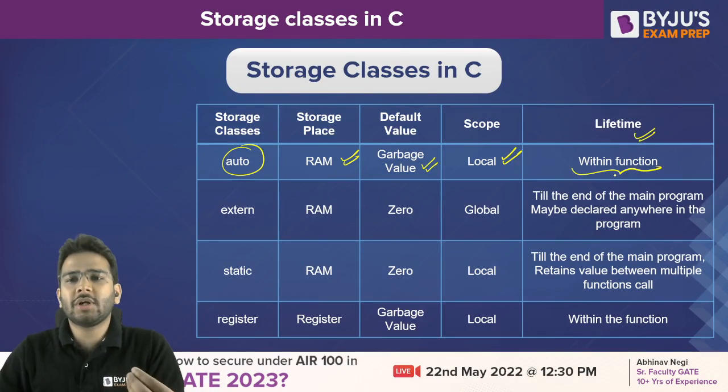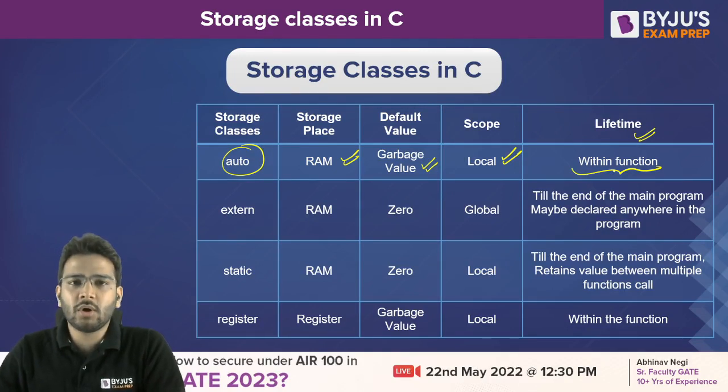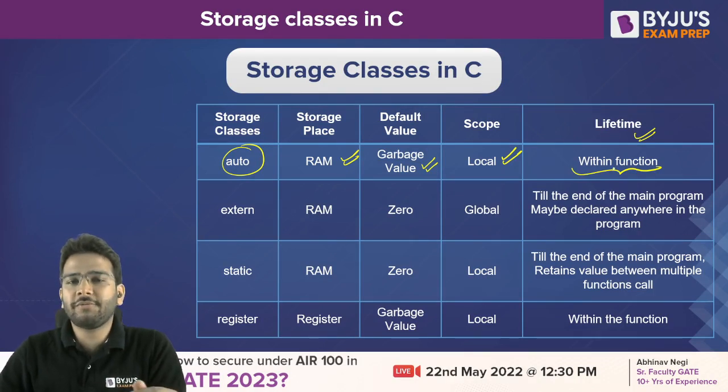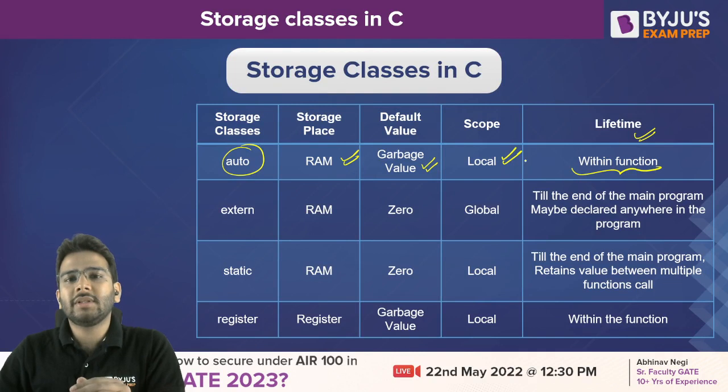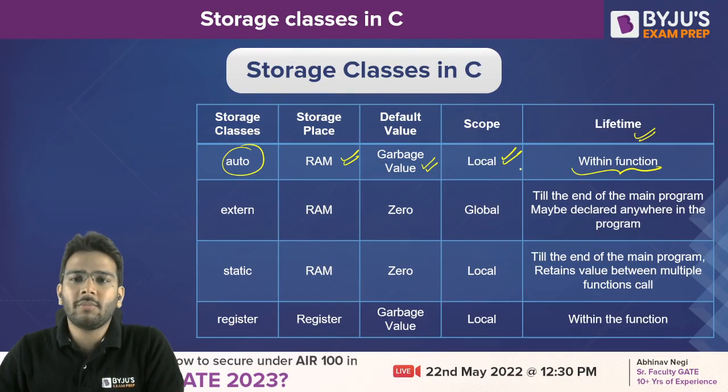For example, you are declaring auto int x; within the main function or any f1 function. In that case, you can access that variable just within that function or that block only. Once the activation record for the function gets popped off, this variable will no longer exist in the memory. Clear?